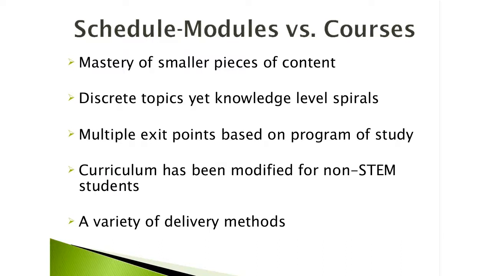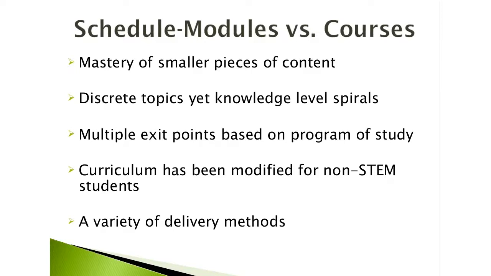So we have 8 distinct modules as opposed to the 3 or 4 semester-long courses. These are discrete topics, yet each knowledge level spirals. So, for example, in Module 1, we introduce signed numbers, and then in Module 2, you, of course, use that as you extend to fractions and decimals.